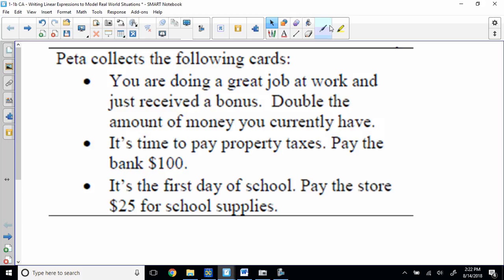So in math, ladies and gentlemen, we acknowledge an unknown as a variable. That's what a variable means. It's an unknown. So how much money she has right now is unknown. But we're going to turn around and double that.